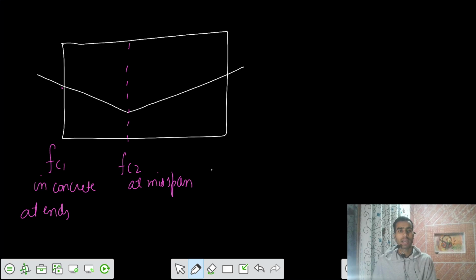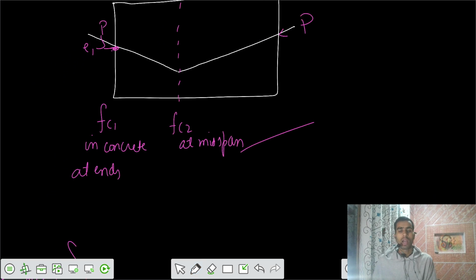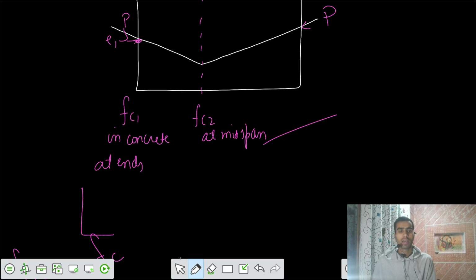So for FC1, corresponding to some eccentricity E1, there is a prestress force of P. Let's say the eccentricities here are E1 and E2, E1 at the ends and E2 at midspan.